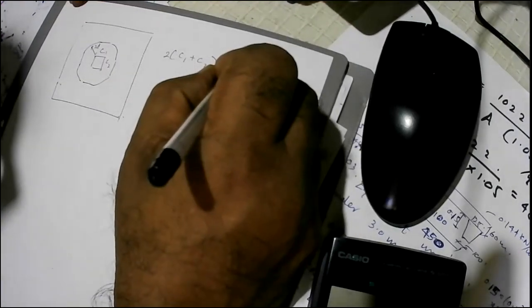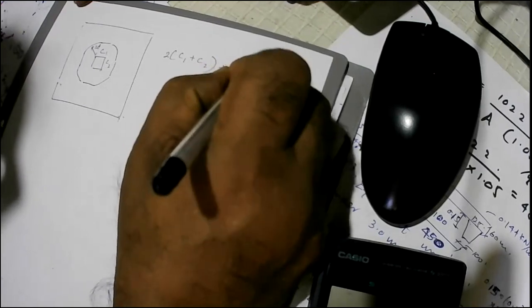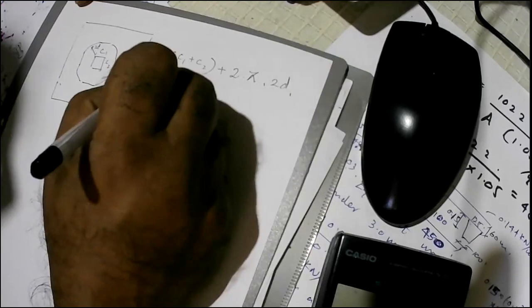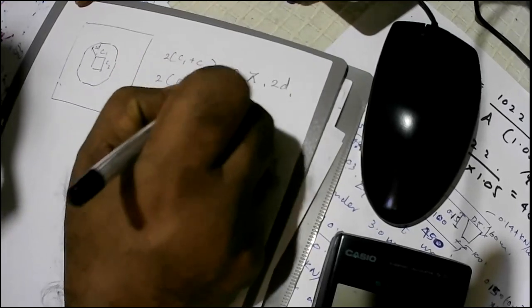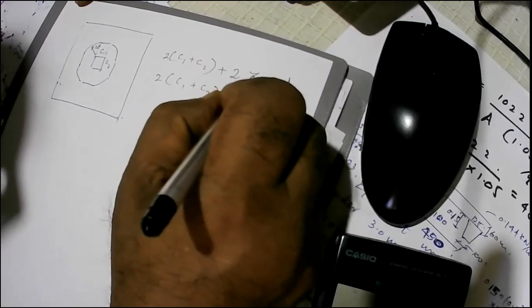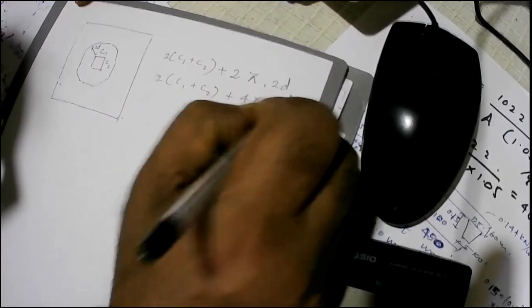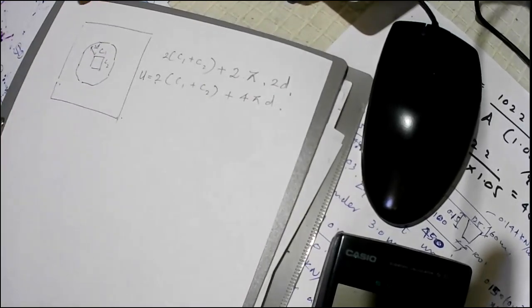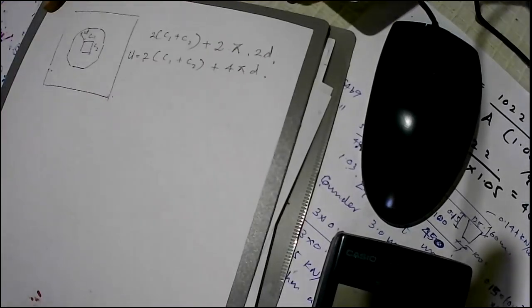So that is 2 pi r, where r is 2D. So that is 2 C1 plus C2 plus 4 pi d. So that is the perimeter U. Perimeter U is this equation.